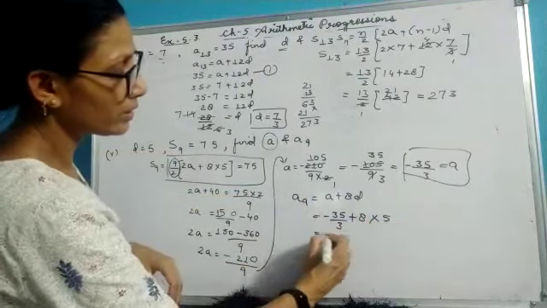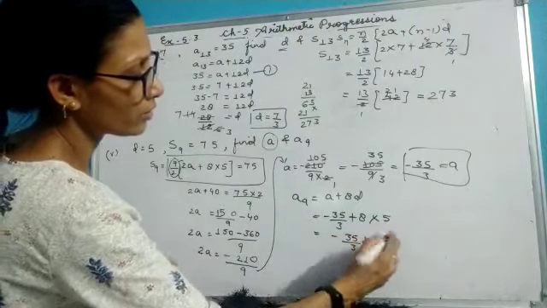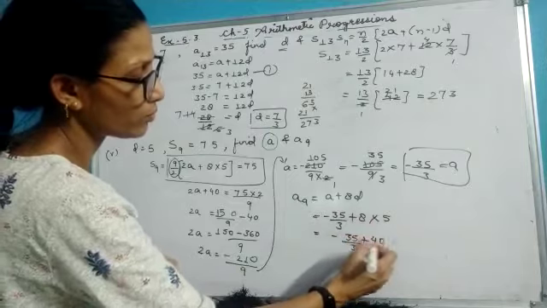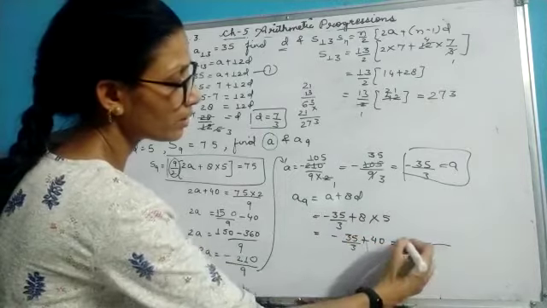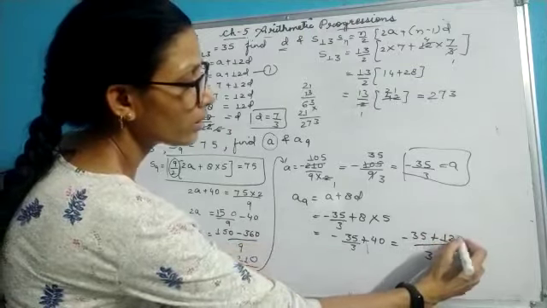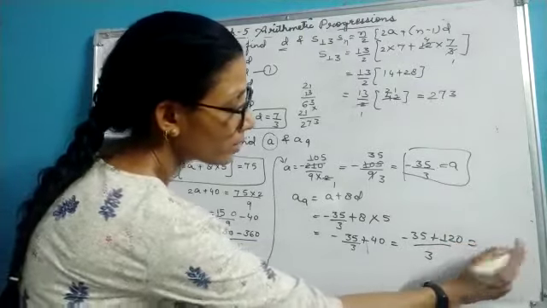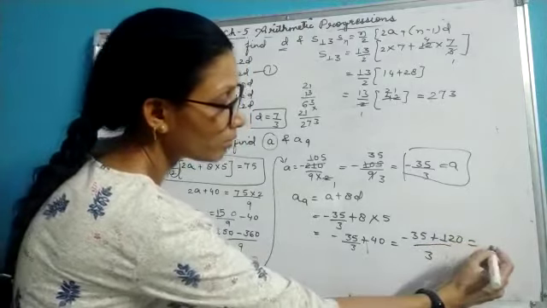So I'll be writing it as minus 35 by 3 plus 40. Take the LCM again. So this is minus 35 plus 120, which will give me positive, because here the greater value is positive.